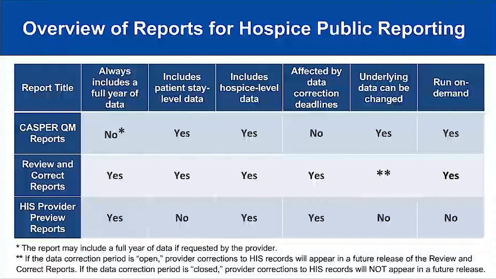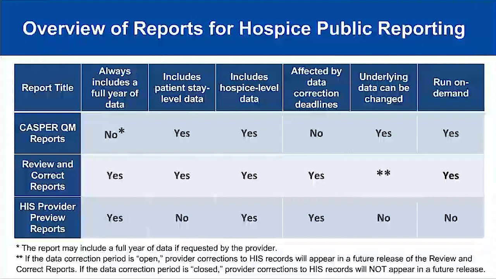And so the reason why we don't allow data correction deadlines to affect the data within these reports is we want these to be as true a picture as possible, so that they're available for internal quality improvement at your hospice.